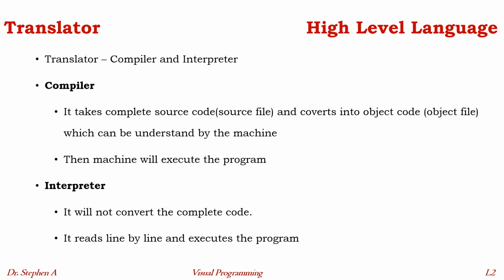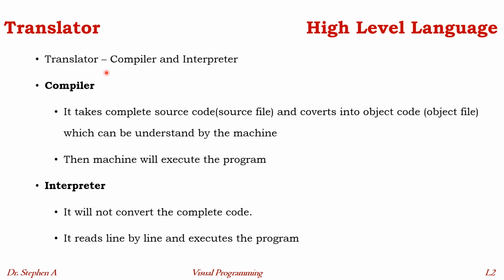Now we should know what a translator is. For low-level machine language, there is no need for any translator or converter. But for high-level language, there should be a translator to convert the source code to machine code.